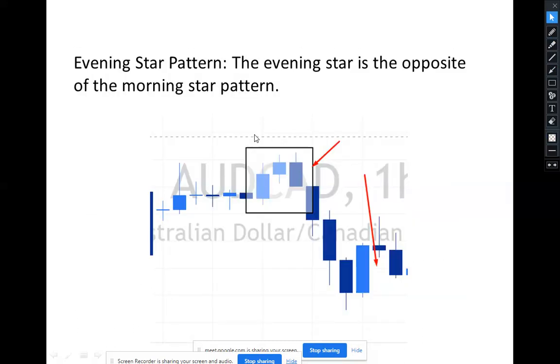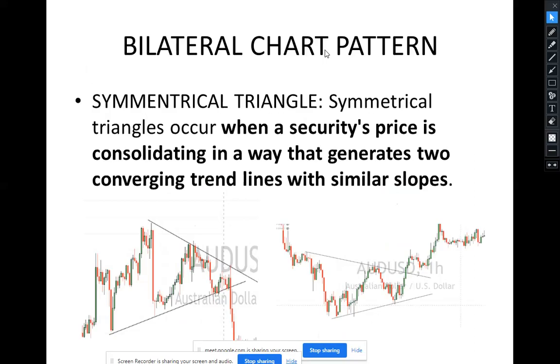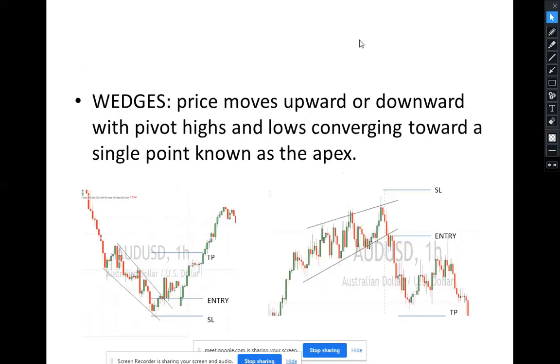So this is all about candlestick patterns and chart patterns. But one thing I will let you know is that, let's say for instance we draw our chart pattern, you should not be expecting the market to give you a good chart pattern, something like this.